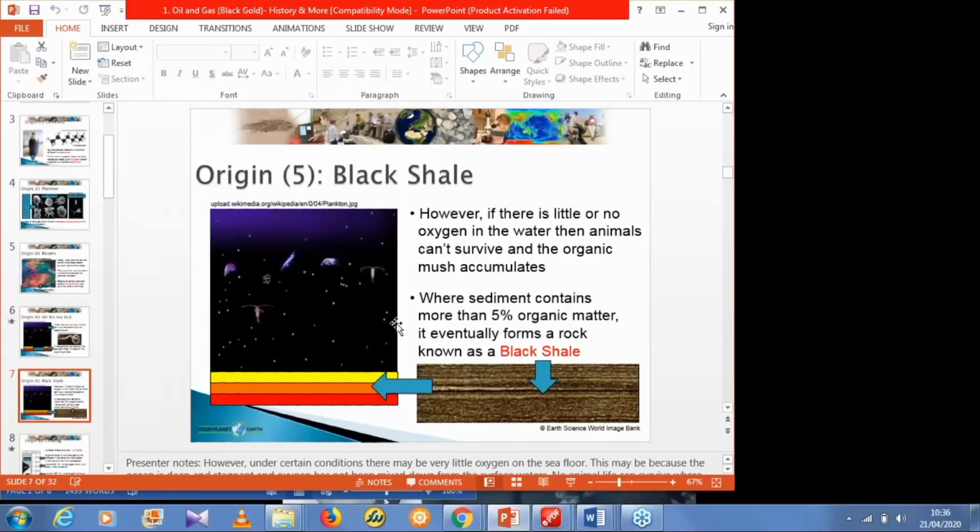So if there is little or no oxygen in the water, the animals can't survive, and the organic mulch accumulates.